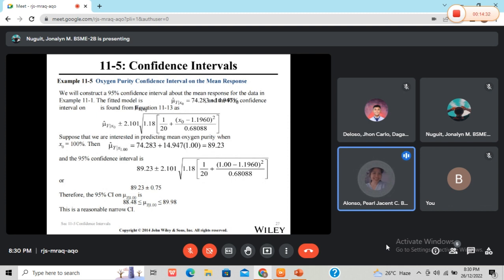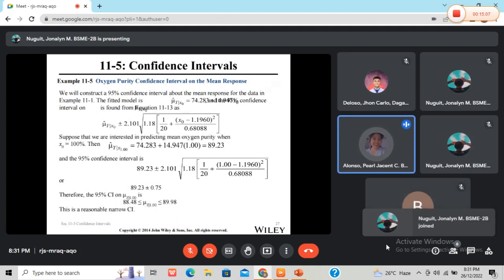The fitted model is mu hat sub y given x sub 0 is equal to 74.283 plus 14.947 x sub 0, and the 95% confidence interval is found from equation 11-13. As mu hat sub y given x sub 0 added or subtracted by 2.101 multiplied by the square root of 1.18 times 1 over 20 plus x sub 0 minus 1.1960 raised to the power of 2 over 0.68088.